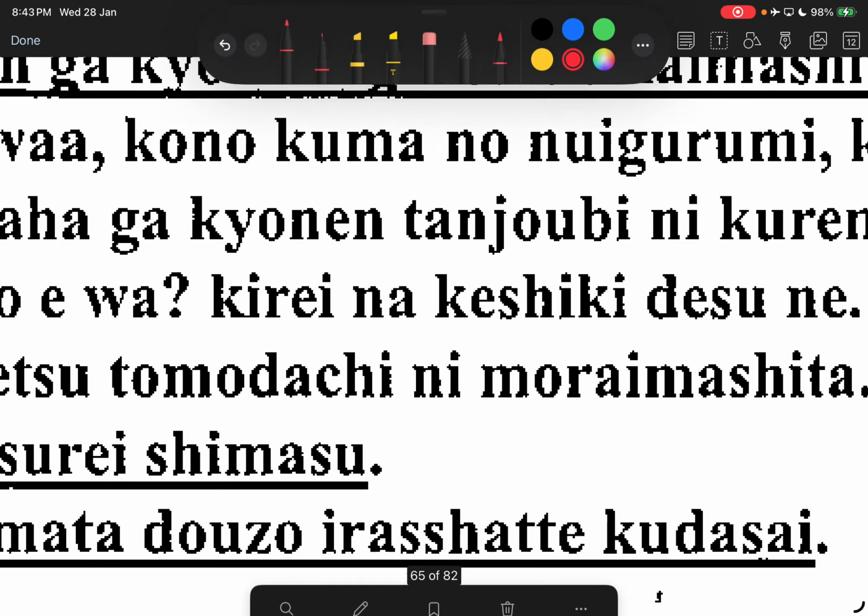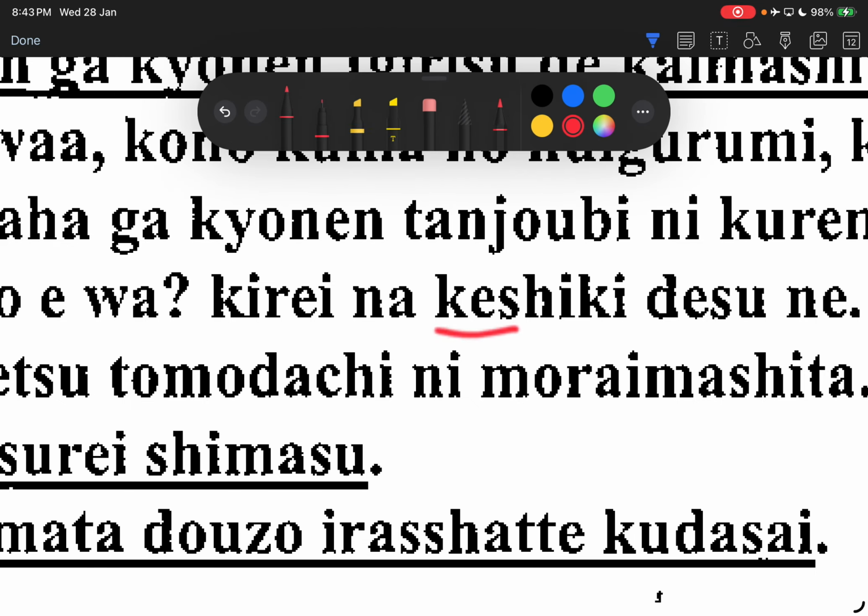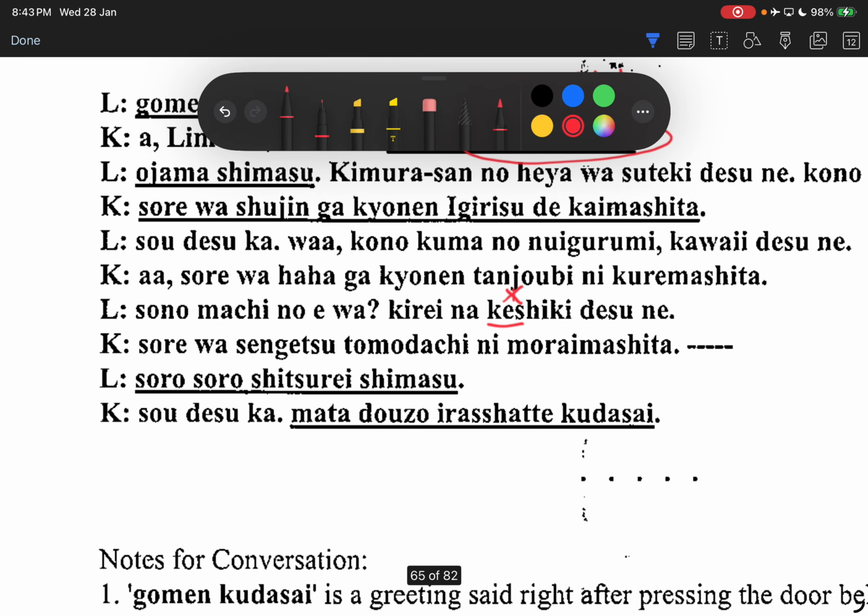So no I here. Please do not pronounce with an I. Keshiki. So 綺麗な景色ですね. Please take note when JLPT they give you the 景色, they ask you whether got I no I. So you need to know there's no I.